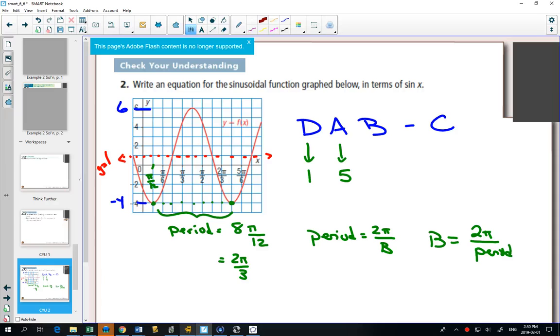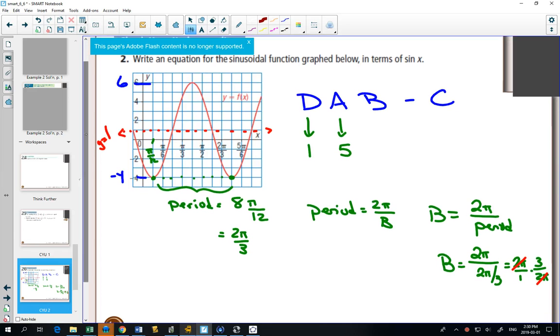They'll take the one that b is already solved for, and they will say b is equal to 2 pi divided by my period, 2 pi over 3. Dividing by a fraction means multiply by the reciprocal. The 2 pi's nicely simplify. And my b value is equal to 3.